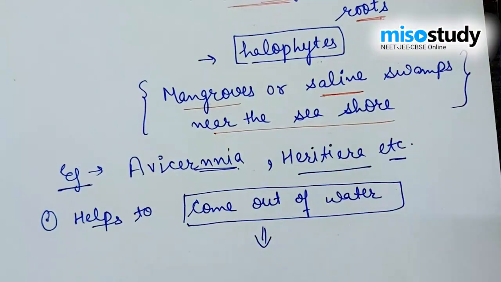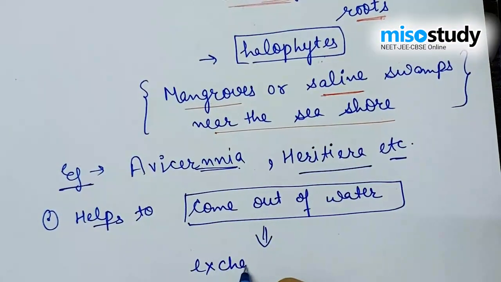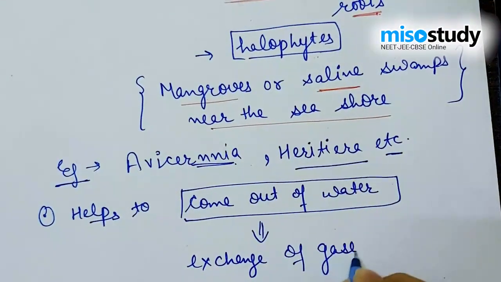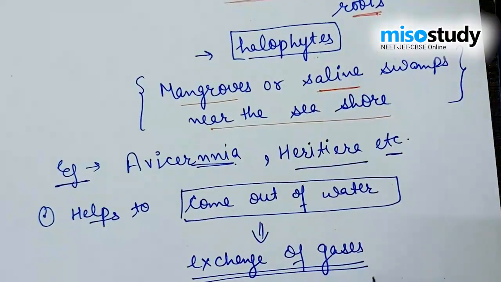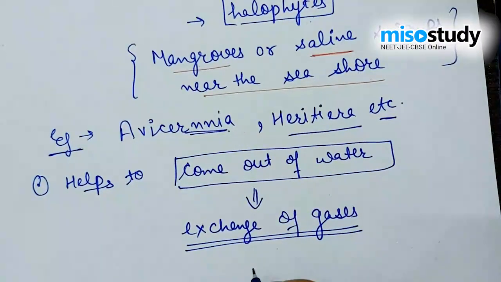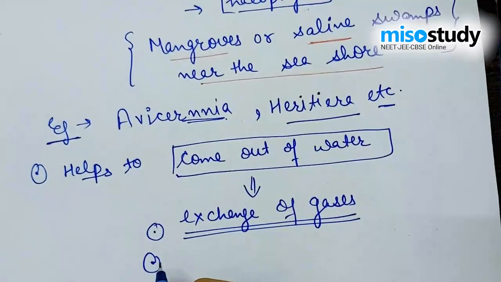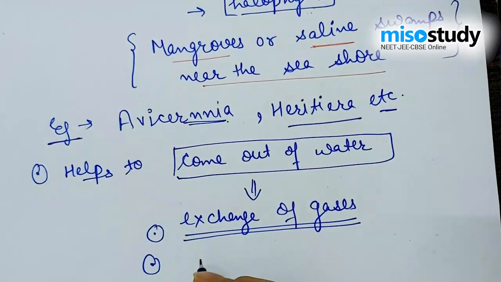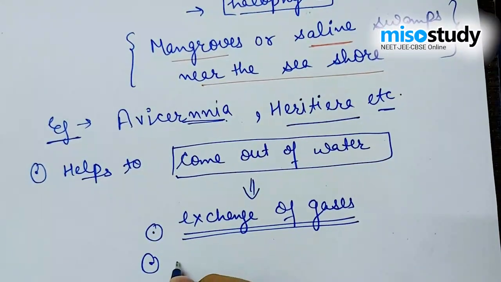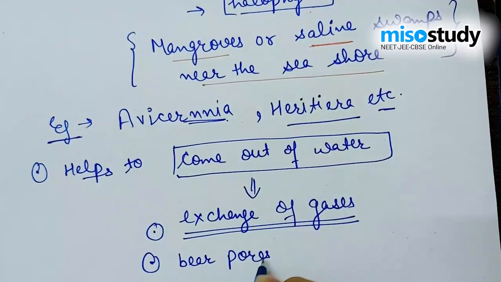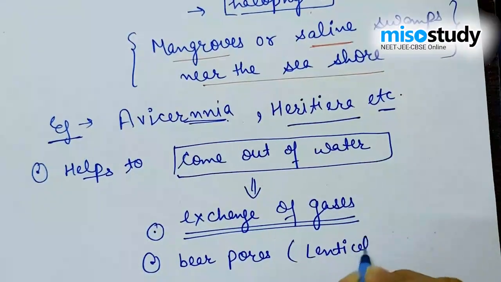Because of exchange of gases. How do they exchange the gases? They generally exchange the gases for the plants known as halophytes by pores. They generally bear pores known as lenticels.